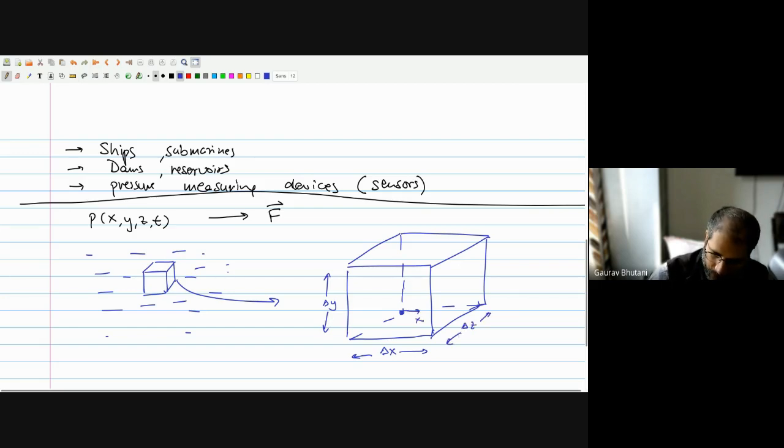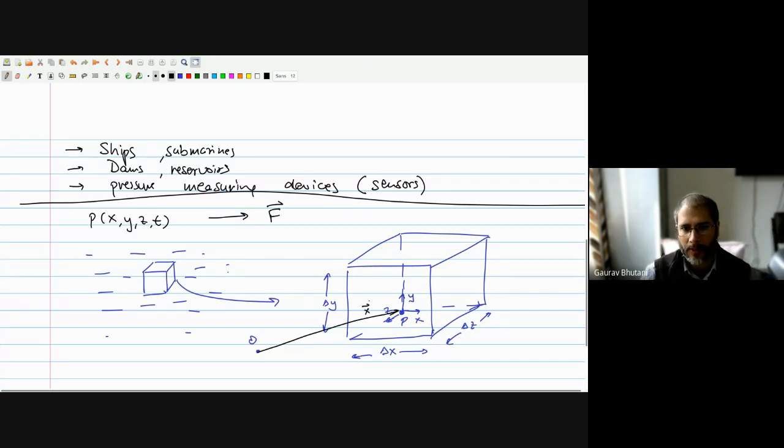So this is my x direction, this is my y direction, and this is my z direction. And remember, the origin is somewhere outside. So this cuboid is centered around a point P, which has position coordinates x, y, z.